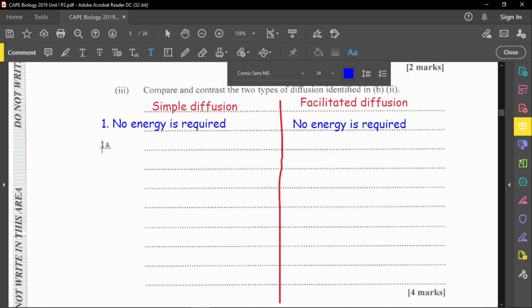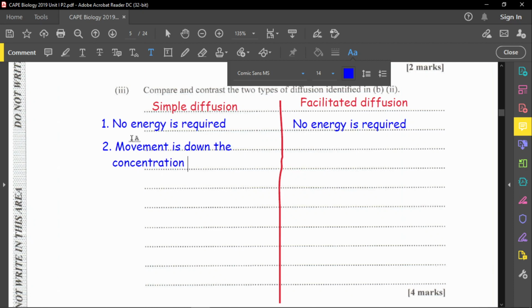The important thing right here in 2 is that the next important thing for both of them is to talk about the movement of substances. And so substances move down the concentration gradient, which means from high to low concentration. So movement is down the concentration gradient.